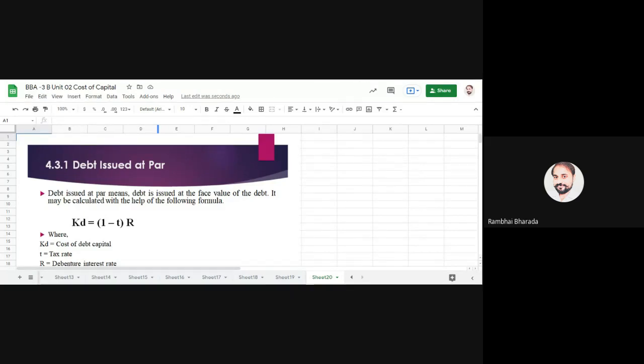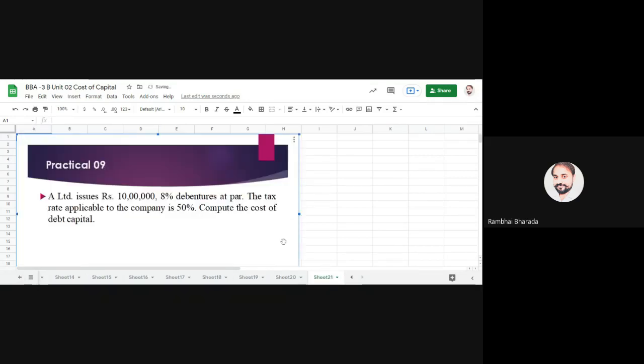To understand this, quickly I am sharing the practical question. Here KD is equal to R in a bracket 1 minus T. A Limited issues rupees 10 lakh 8% debentures at a par.